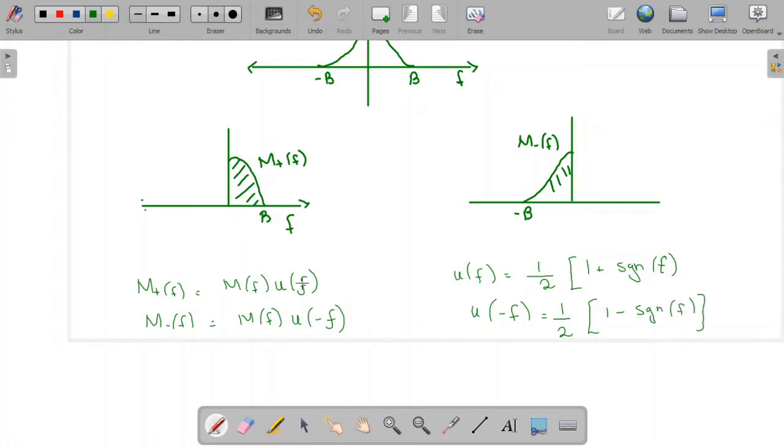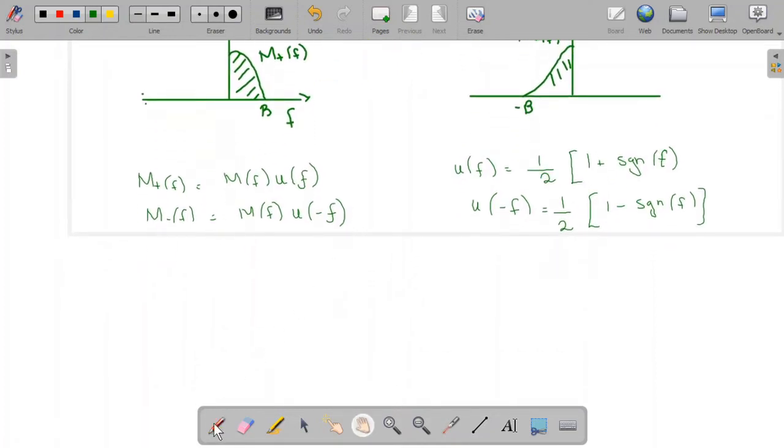So let me replace u of f in this equation. Now m plus f is going to be equal to m of f multiplied by 1 by 2 into 1 plus signum of f.